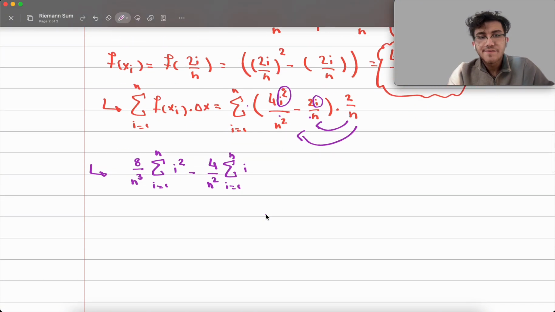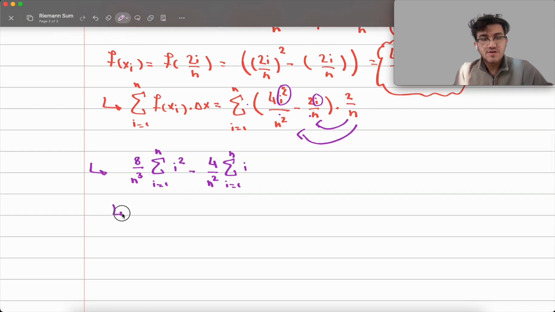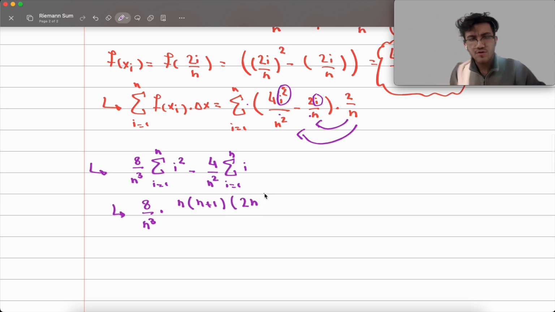So let's try to evaluate this one right here. This is going to give me 8 over n cubed times, this one we explained before, n times n plus 1 times 2n plus 1, over 6. Yeah, that's right.